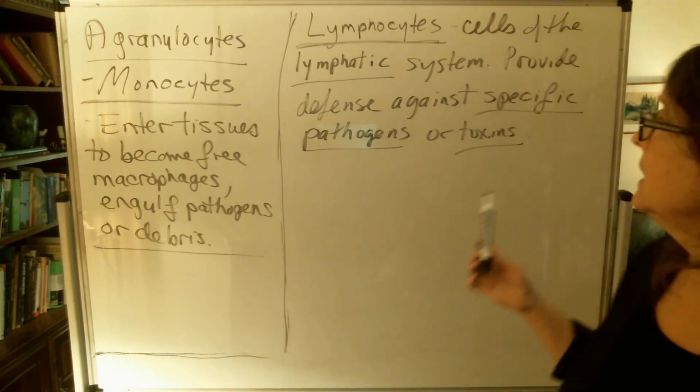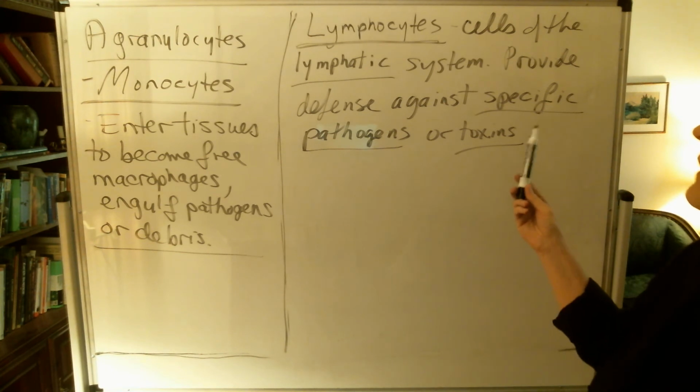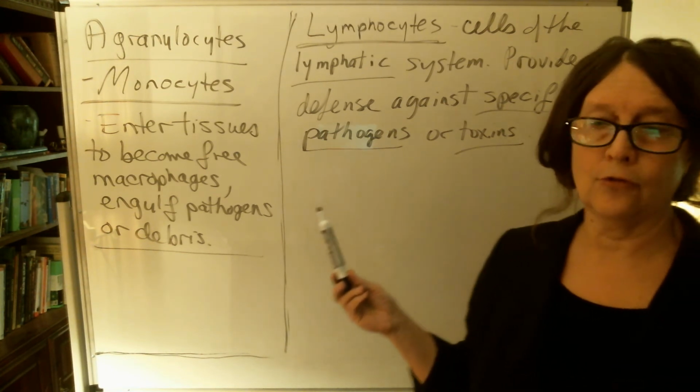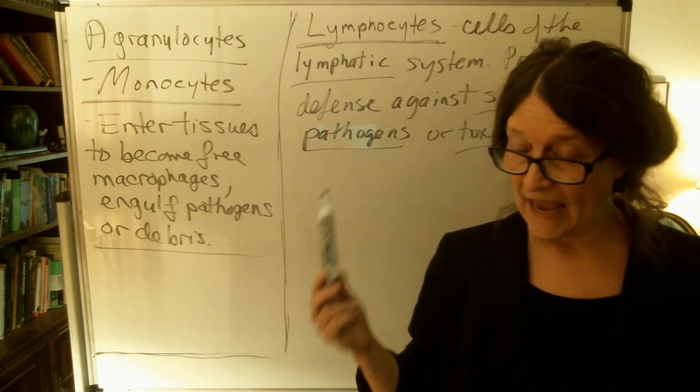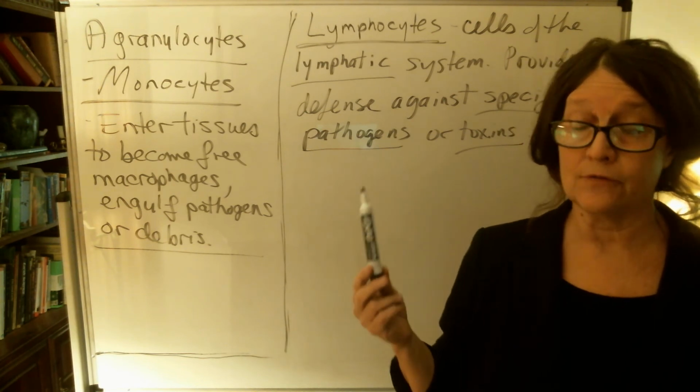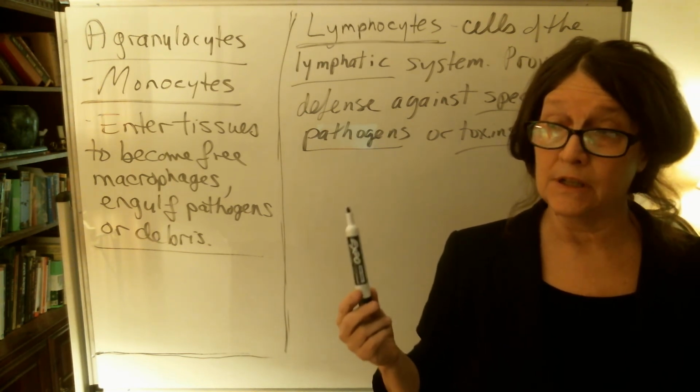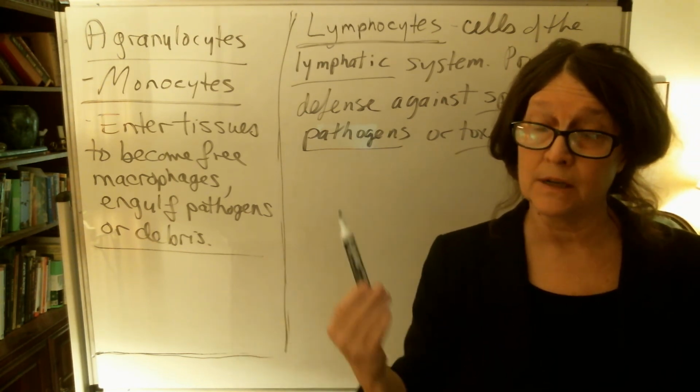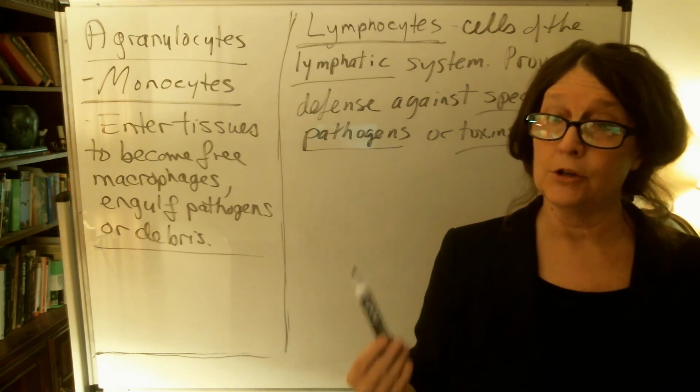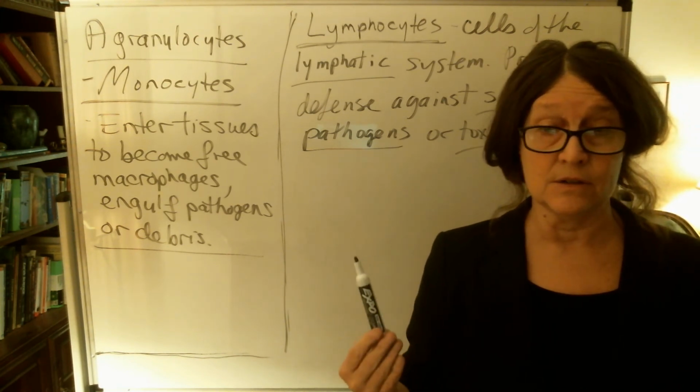So one of the things to keep in mind, therefore, is that in the disease called AIDS, which is for acquired immune deficiency syndrome, it is basically a disease in which your own immune system ceases to work.